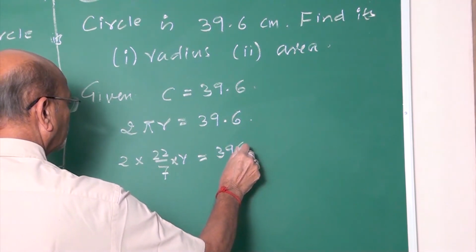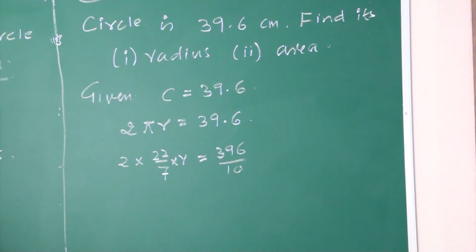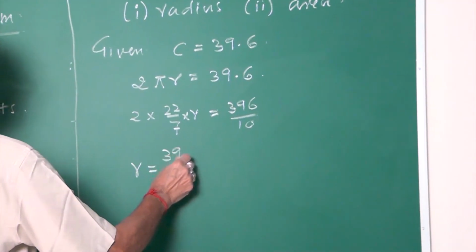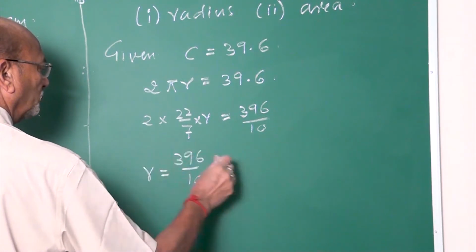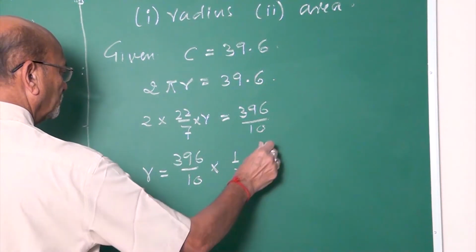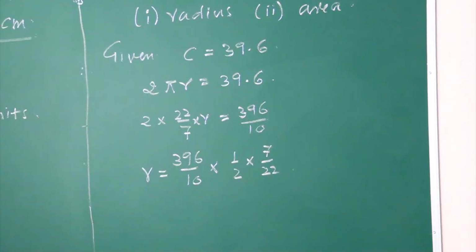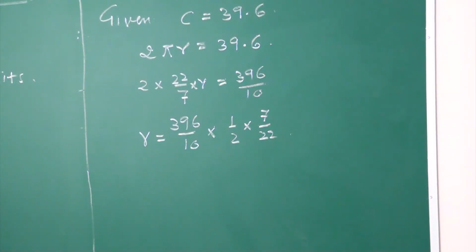If you convert this into decimals, it is 396 upon 10. Therefore, r equals 396 upon 10 into, this 2 becomes 1 by 2, this becomes 7 upon 22, 7 upon 22. If you simplify this, tell me, friends, what is r?